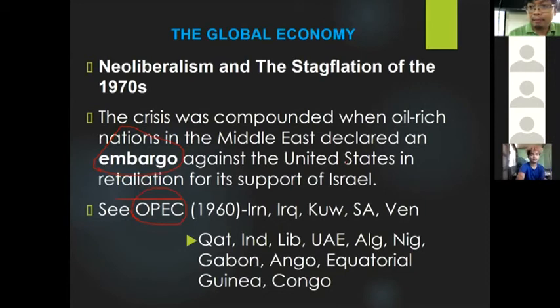Ang ginawa ng OPEC, binawasan nila yung amount of oil na ine-export to the world. Meaning, yung supply ng oil around the world ay napakababa and it follows the law of supply and demand. Kapag mababa yung supply, mataas ang presyo. So during that time, nung nagkaroon ng embargo ang OPEC, nagkaroon ng oil crisis worldwide. So makapangyarihan ang OPEC kung tutuusin mo.